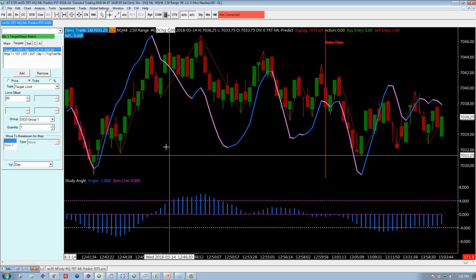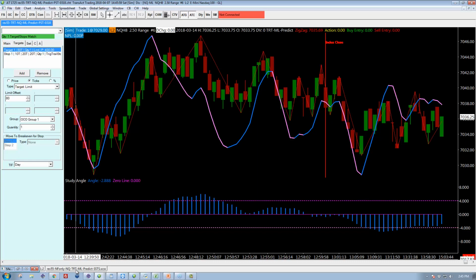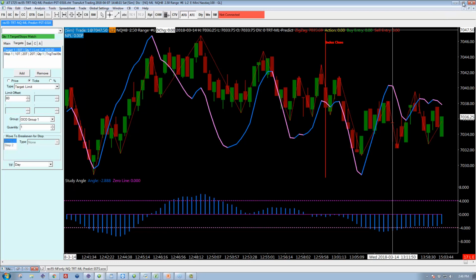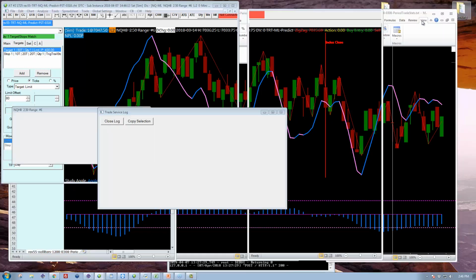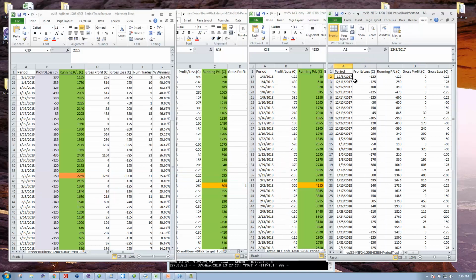Okay. So I did the same test. All right. I removed the noise filter. I just set that to 0, and I said, okay, do the same test with just trading in the direction of that oscillator. And the results were here. Here are those results.